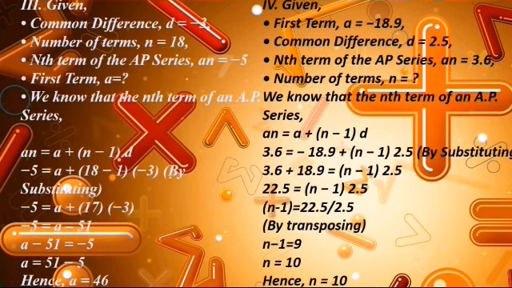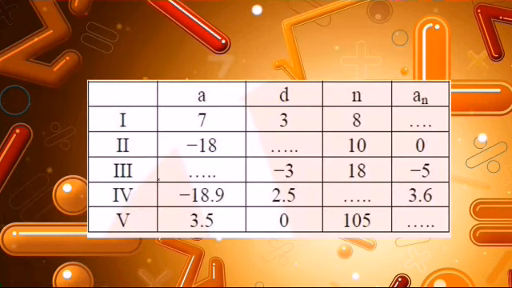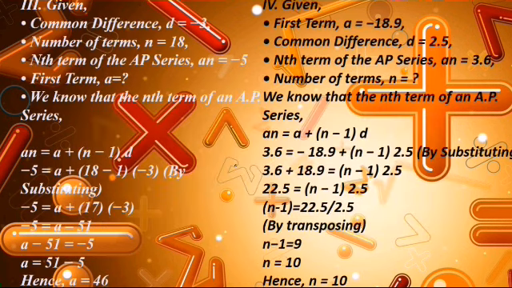Here in the table, the first term is left out, the common difference is minus 3, the number of terms is 18, and the nth term is minus 5. So we need to find the first term. The formula is a plus n minus 1 into d.